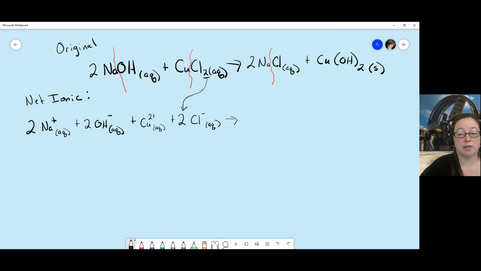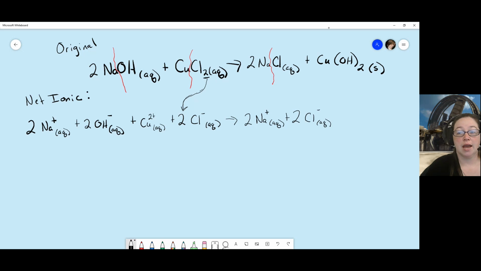Okay, and now we're going to look over here on the right-hand side, and we again have 2Na, 2 sodium. And this is going to be 1+, sorry, not 2+. So just a little plus there. Again, aq plus, and again, that coefficient applies to the whole compound, so you still have 2 chlorine ions.